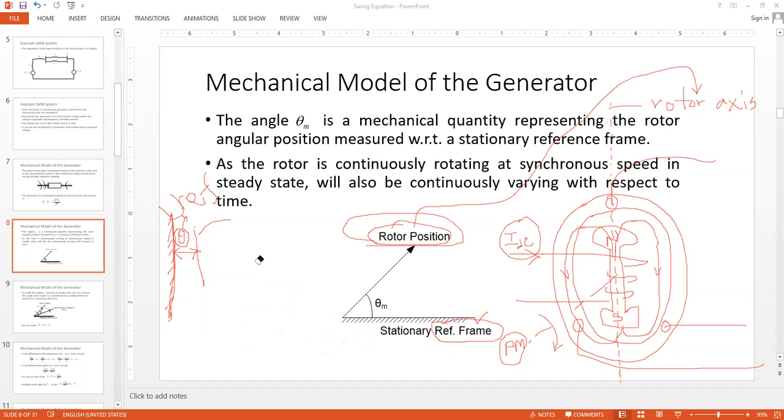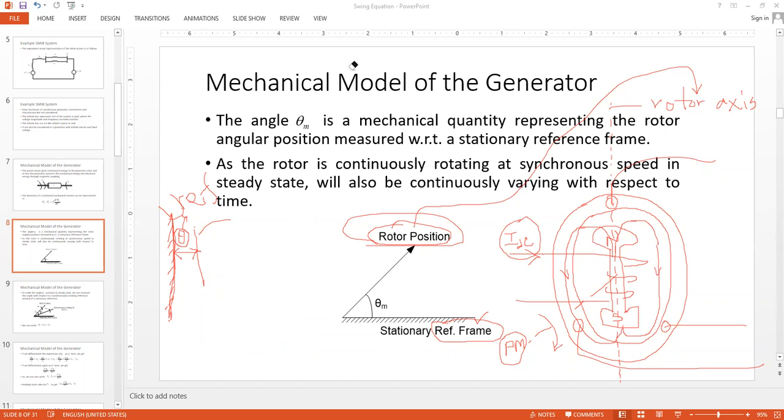Now, as you know, whether it is angular distance, linear distance, or velocity, there is a concept of absolute value and relative value: relative position, relative speed, or absolute position, absolute speed.